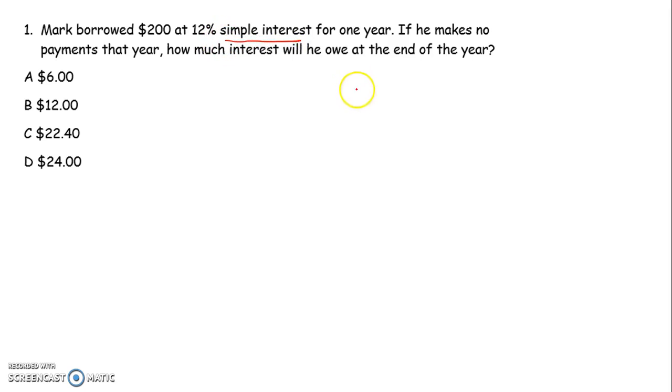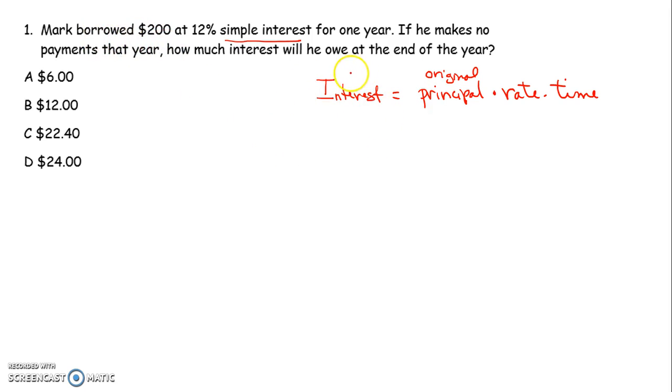As soon as you see simple interest, you can say, oh, interest equals principal times rate times time. And you know your principal is the original amount you borrowed. That's important. Your principal is the original amount you've borrowed. Interest is the extra money that you earn or that you have to pay to borrow money. So in this case, it's a borrowing.